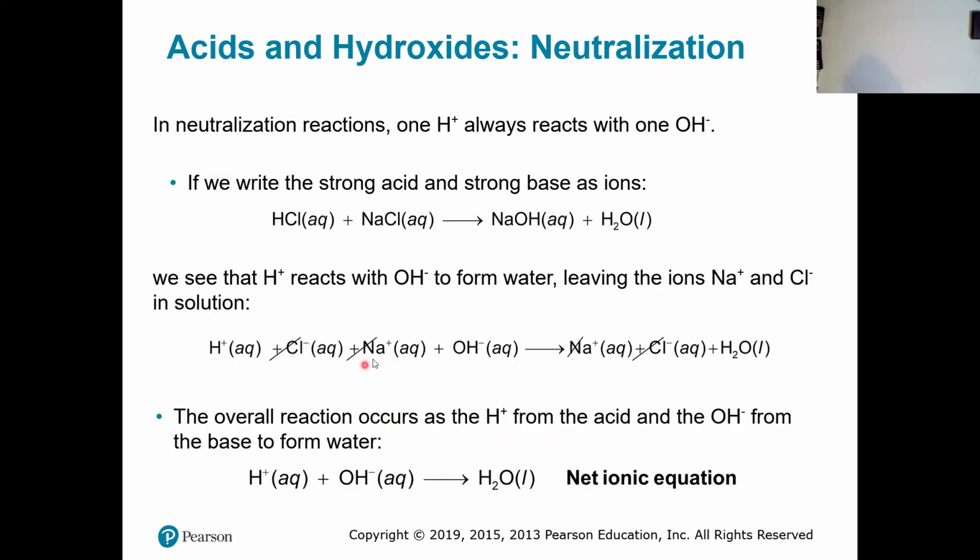And then we eliminate the spectator ions. And in that case, what's left when we eliminate our spectator ions is H plus plus OH minus produces liquid water. And this is going to be our net ionic equation. And this is always the net ionic equation for any strong acid, strong base reaction.